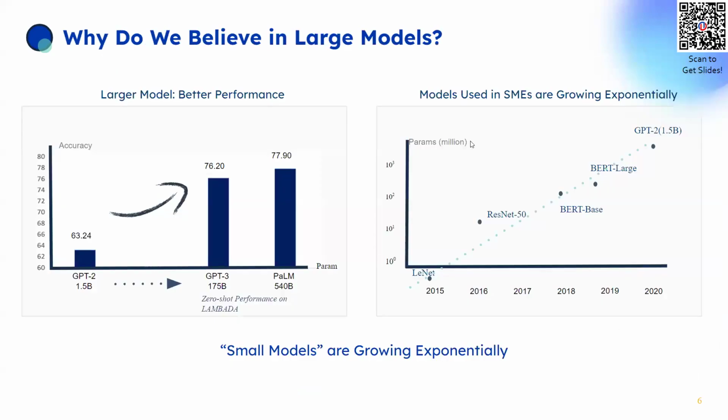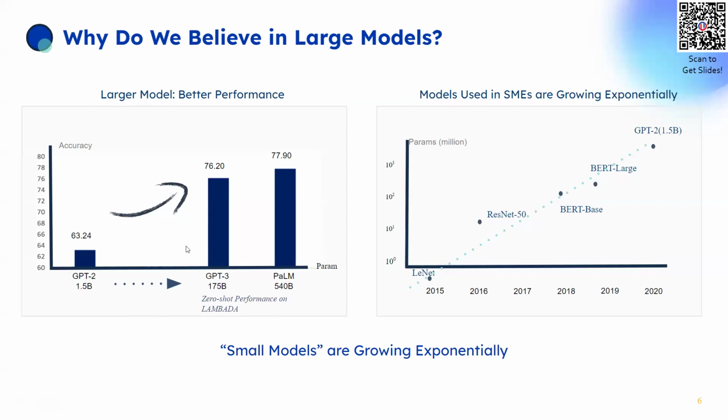So now I have given you some information about the growth rate of large AI models by number of parameters. But because this is a summary of the training, let me also explain why we believe in large AI models. Firstly, as we know, large AI models can give us better performance.